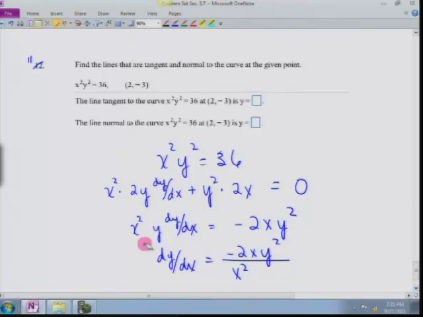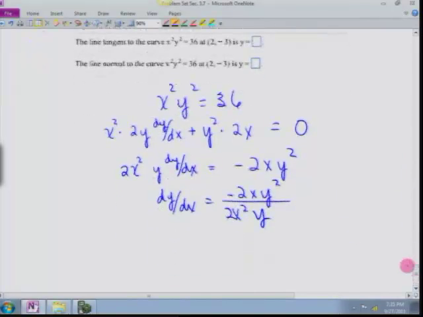That should be a 2 in front of there. Okay, did we get that? Wait, I don't think that one's supposed to be 2, where you put the 2. Right here? Yeah, because you're not... 2x dy/dx times y squared, that's what you got. Well, then where's your x squared?